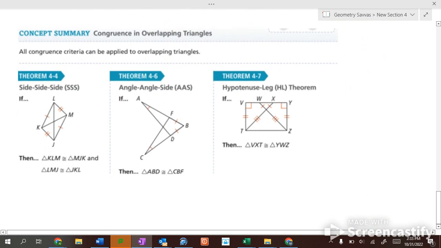So what we're doing is overlapping triangles. And when you have overlapping triangles, like in this case, these two triangles are congruent by side angle side because KM is congruent to KM. These two triangles are congruent by side because LJ is congruent to LJ. Okay? So you can use overlapping parts to make things congruent.